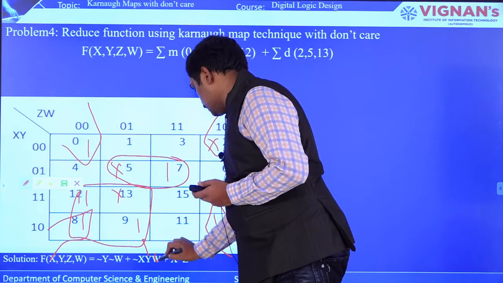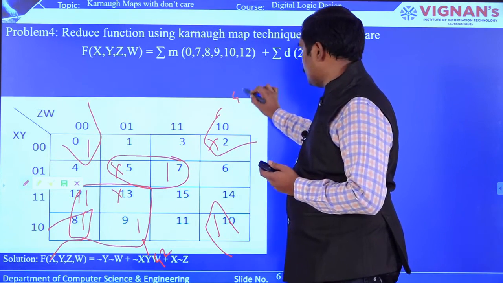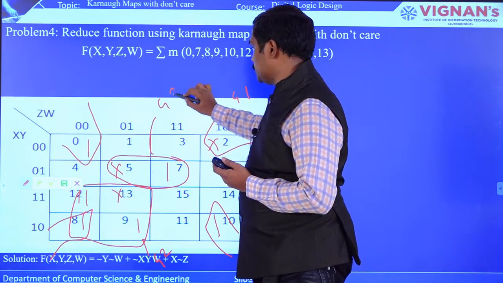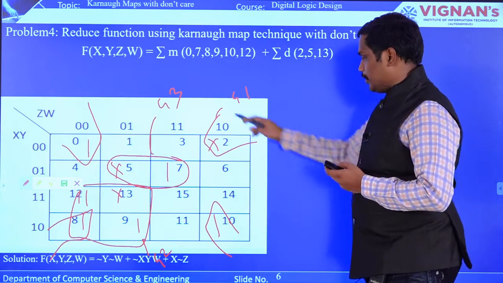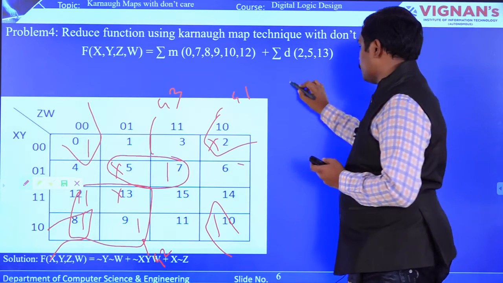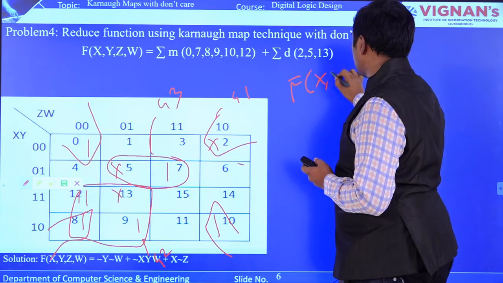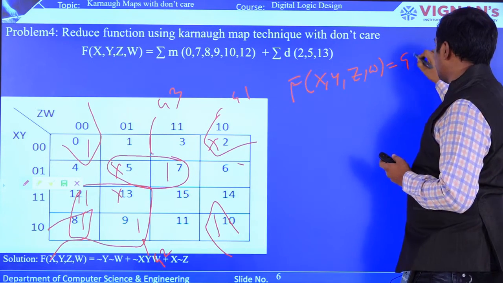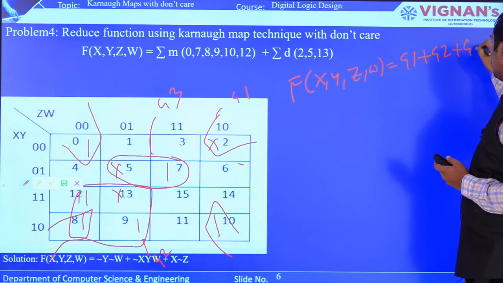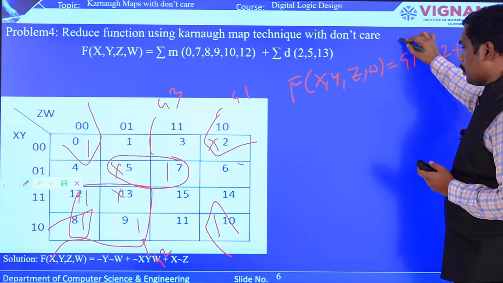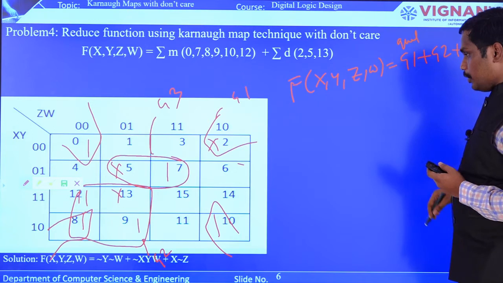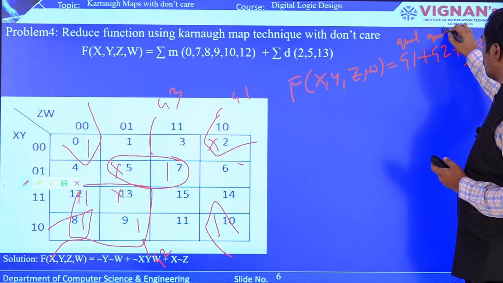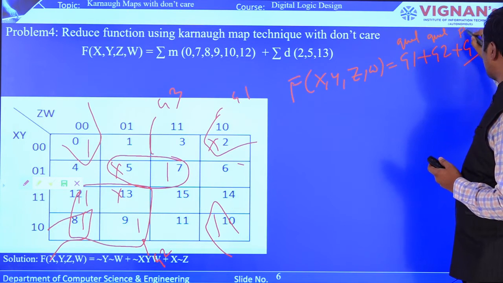This one will be G2, this one will be G1, and this one will be G3. So three groups we have identified, in which two quads and one pair. So we are going to write the expression as F(X, Y, Z, W) = G1 plus G2 plus G3, where G1 is a quad, G2 is a quad, and G3 is a pair.